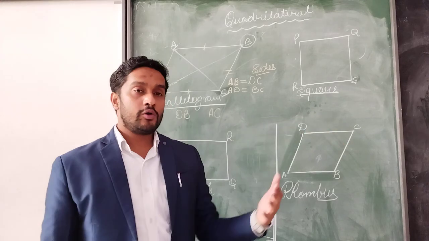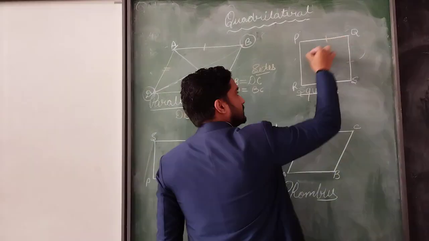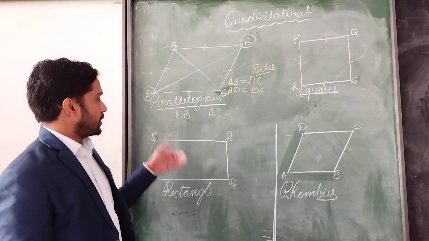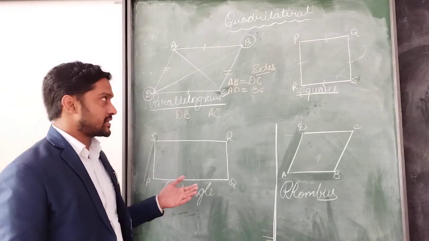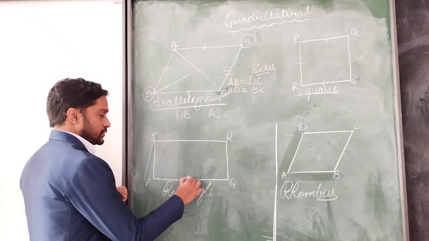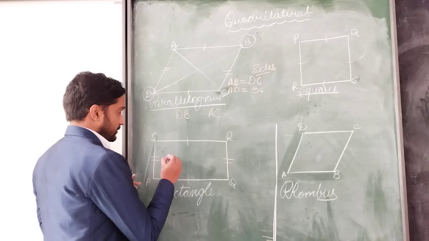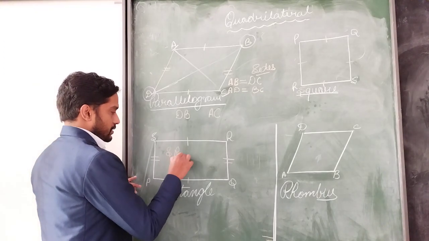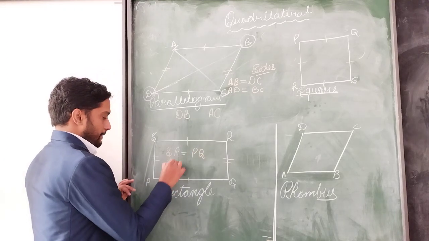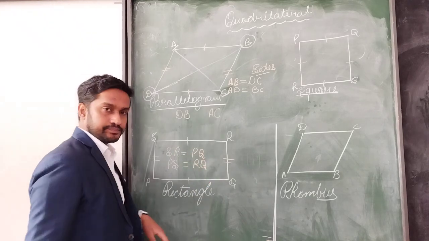Coming to the square, on the basis of sides, all sides are equal. In a rectangle, somehow parallelogram and rectangle are similar on the basis of their sides. Like in a parallelogram, the opposite sides are equal, in the same way in a rectangle the opposite sides are equal to each other, like SR is equal to PQ and PS is equal to RQ.